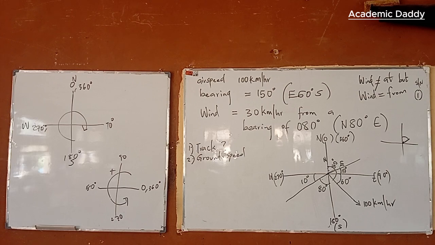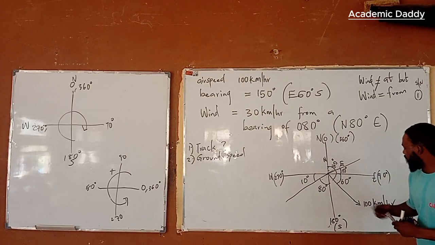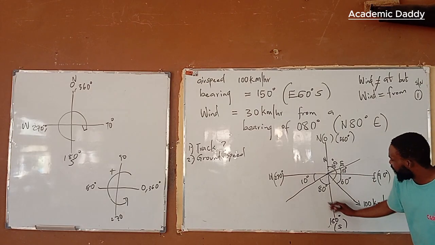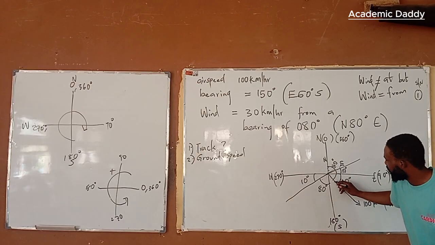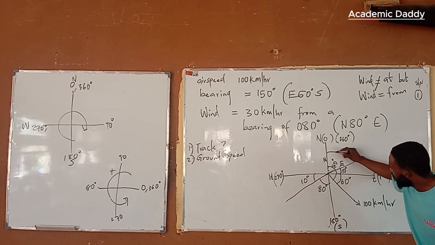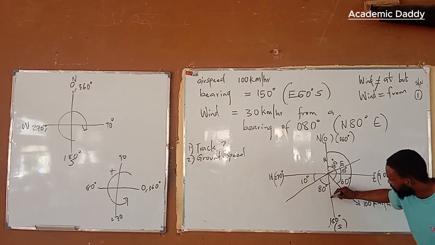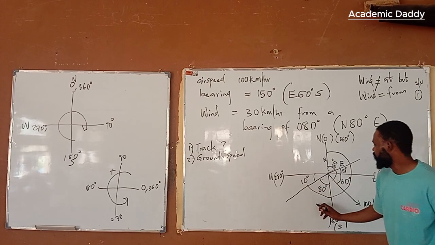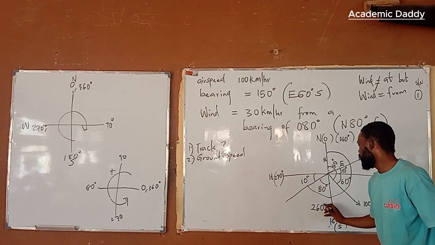Are you understanding this now? Very important. So with that said, it is not the same as saying I come and add 180 plus 80, everything from this way to this way gives me 260 degrees.